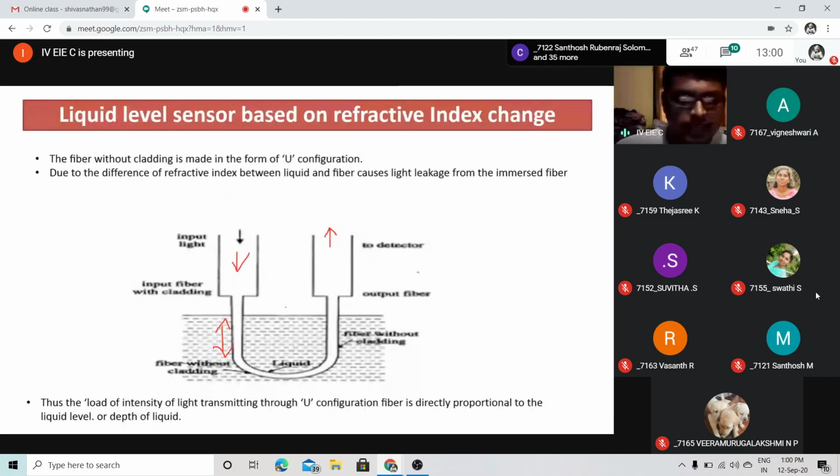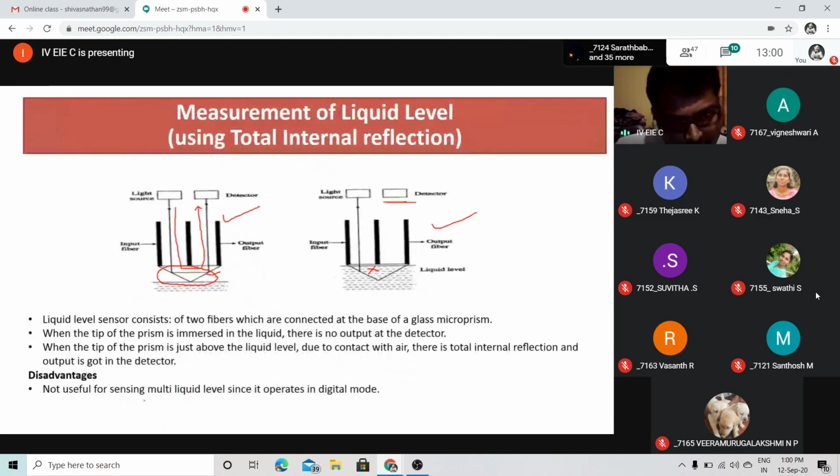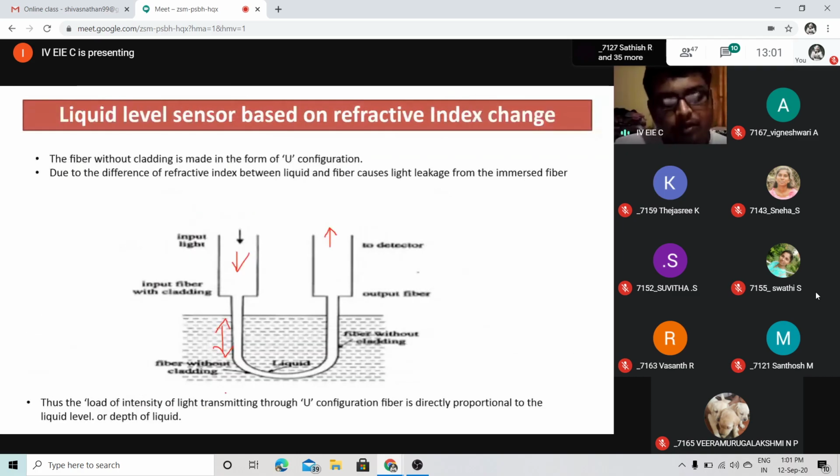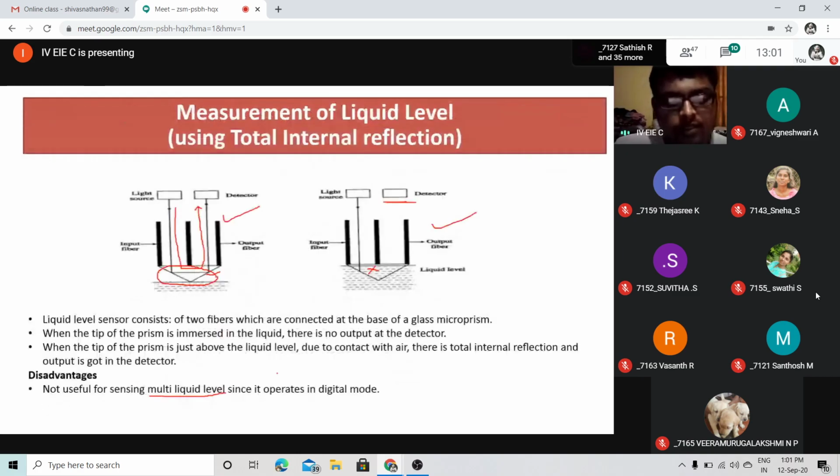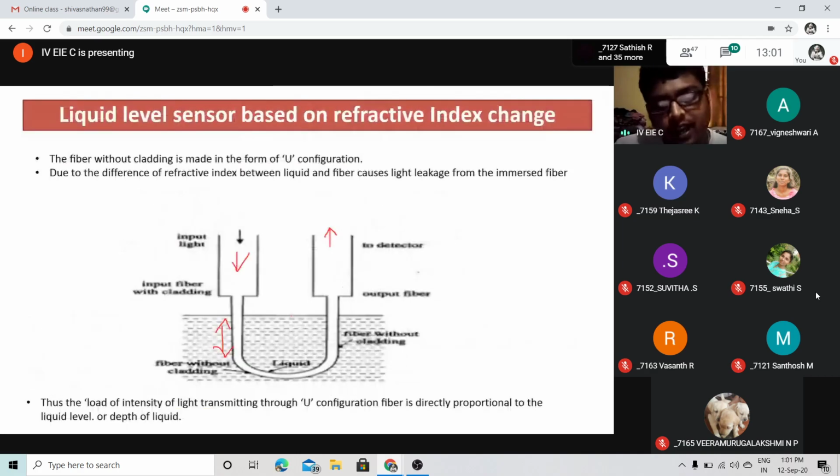Okay, so here the understanding is we cannot employ the technique based upon total internal reflection for multi-liquid levels. But this technique can be employed for multi-liquid levels. Depending upon the increase in levels, I could find change in interactions with my surrounding liquid due to the refractive index change, where the intensity of the light that is being coupled will have continuous changes.